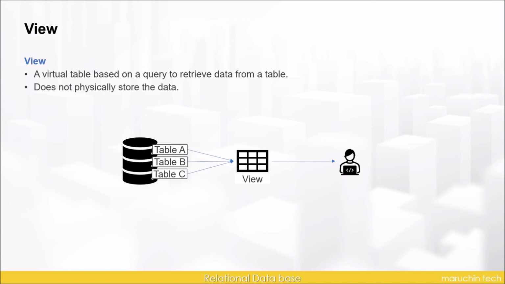Because it's a virtual table, the view does not physically store the data. Since views are independent of the original data, they do not affect database performance. They are also easy to use from a security standpoint, because they extract only necessary data from the original data.